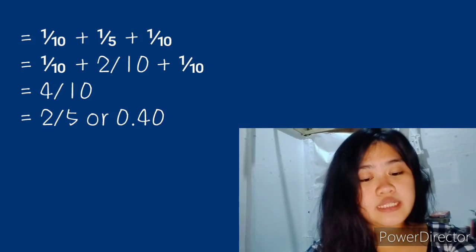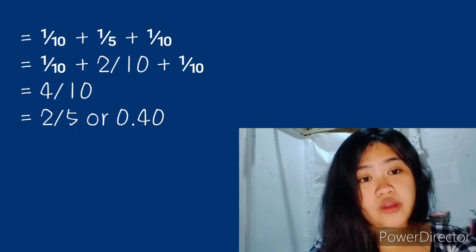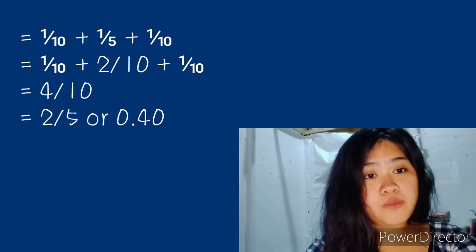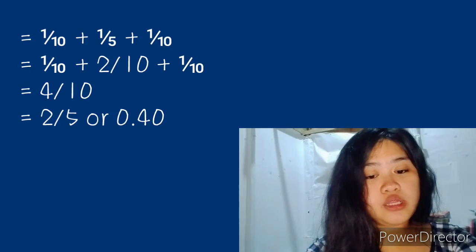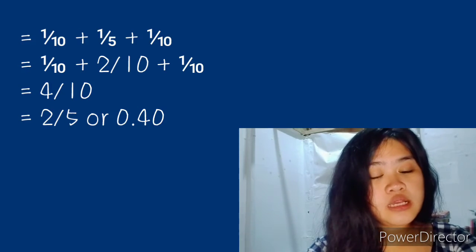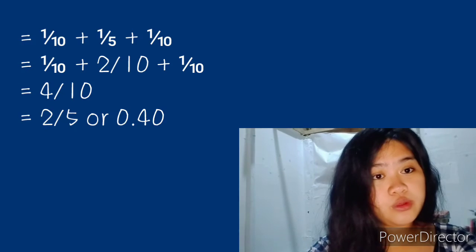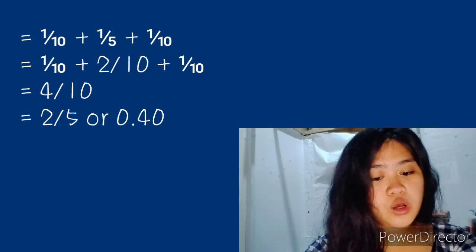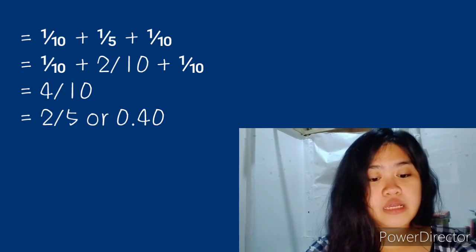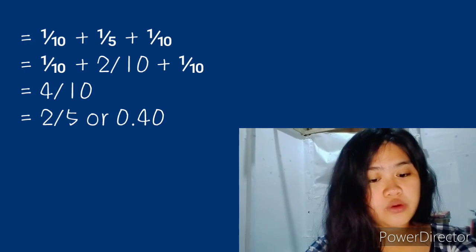It is equal to, just like what we have done on the first two parts, we're going to change it into the corresponding probability. We're going to substitute it. So it will be 1 over 10 plus 1 over 5 plus 1 over 10.